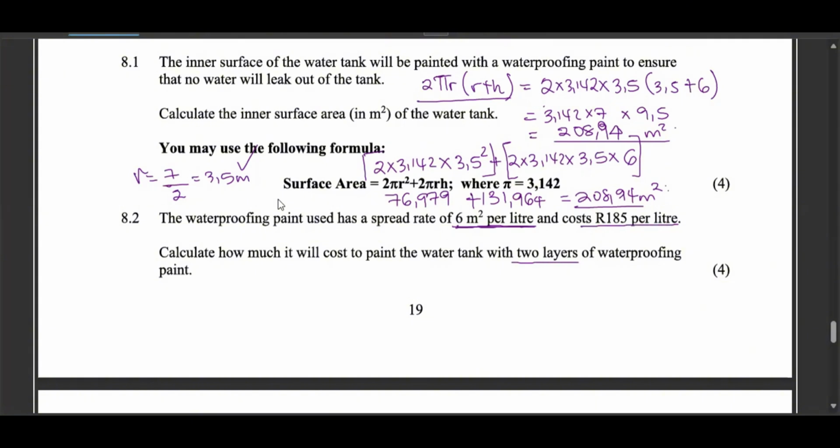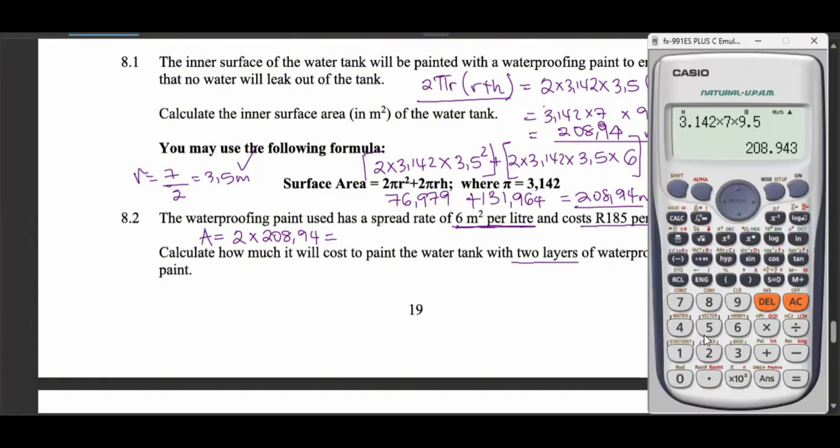The moment you hear 2 layers or 2 coats, it simply means the area is going to be doubled. You're going to apply paint the first time, and again you paint the same area. Calculate how much it will cost to paint, so we only have the area to be covered. The total area to be covered is 2 times 208,94. 208,94 times 2.